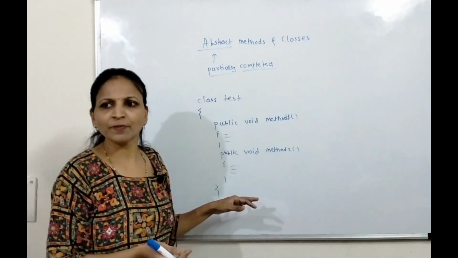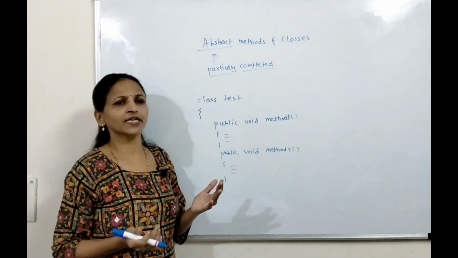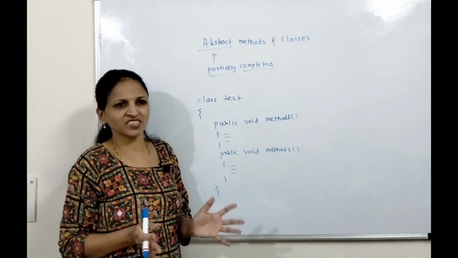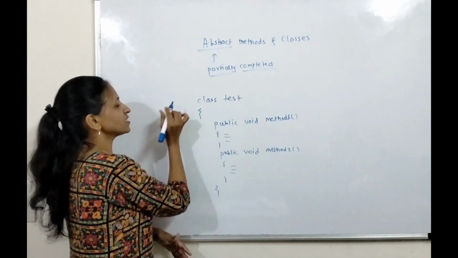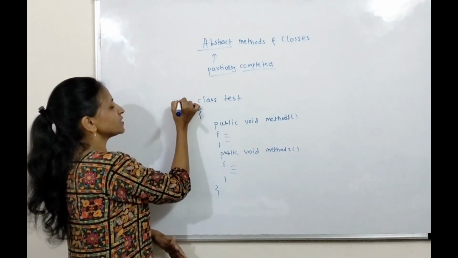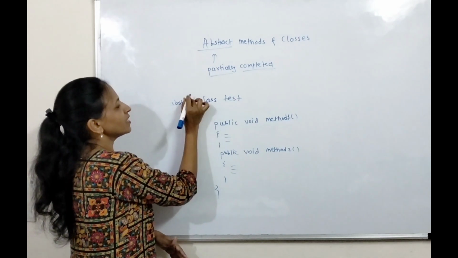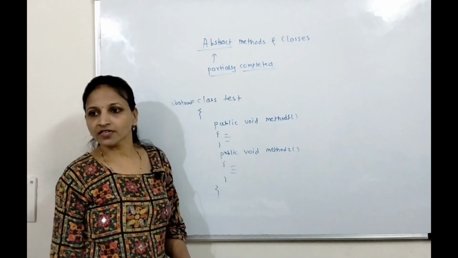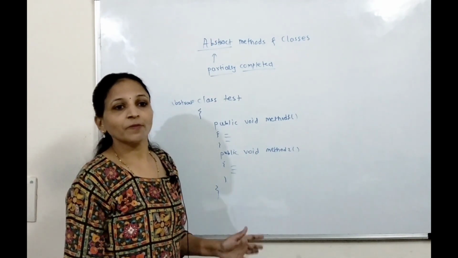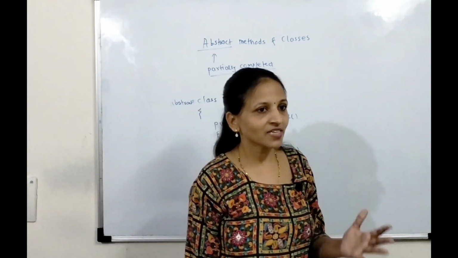It has some implementation, but suppose we think this implementation is not proper, it is just incomplete, then we can declare this class as an abstract class. No problem will be there. Getting? This is the concept of abstract method and abstract class.